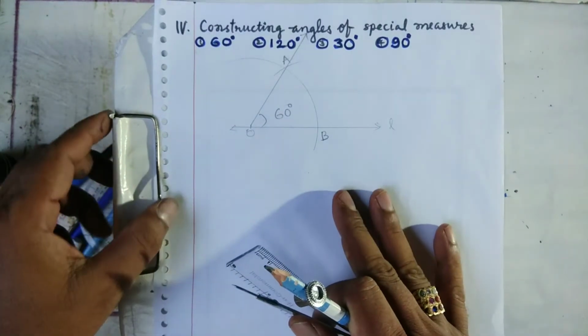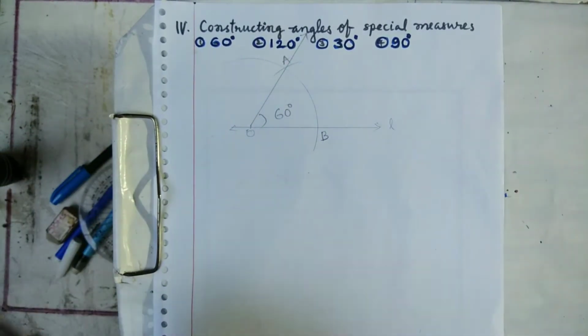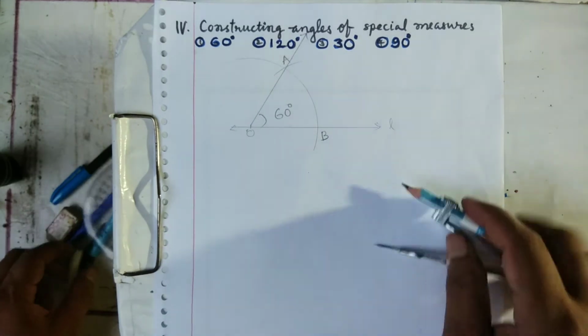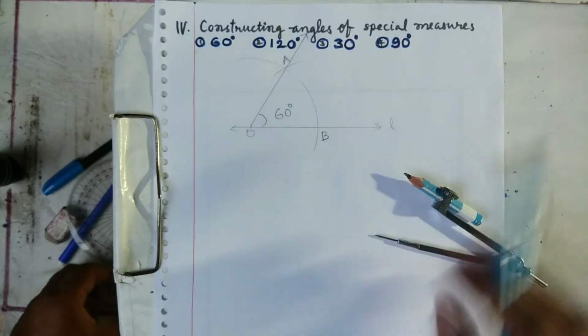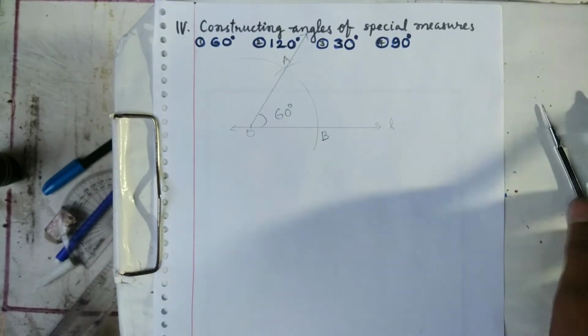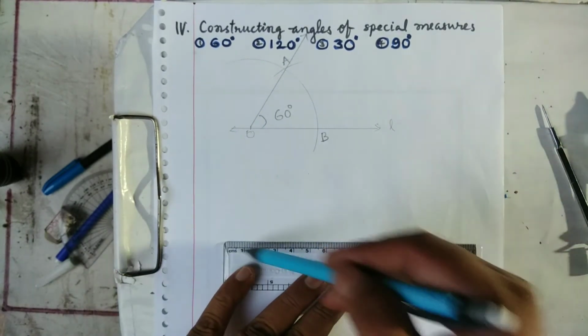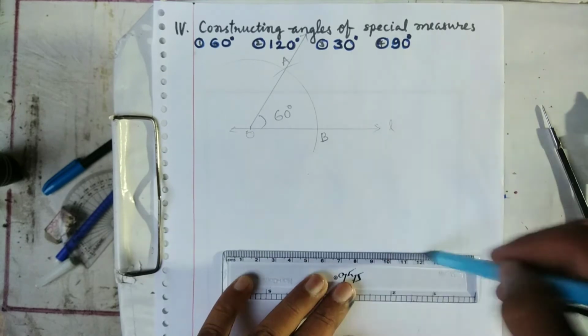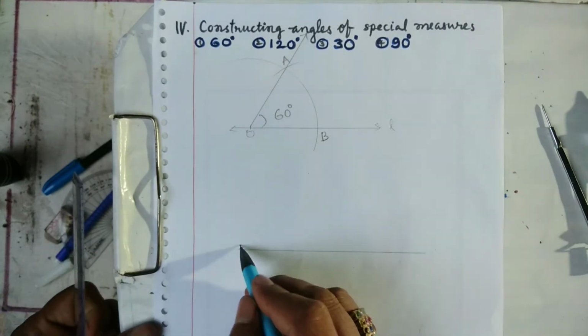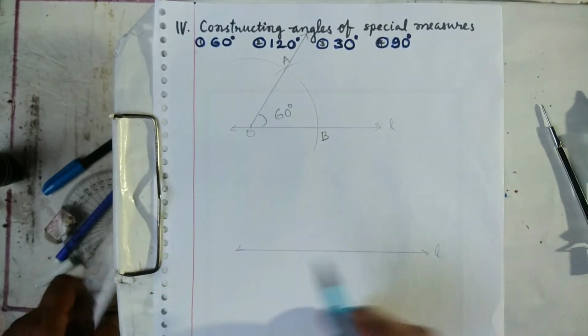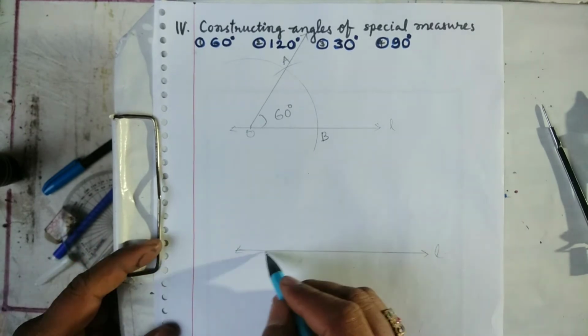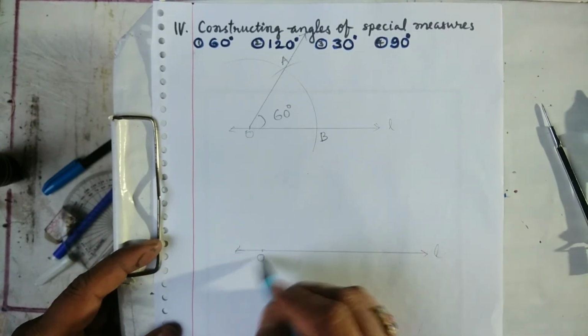Next, 120 degree. To draw 120 degree, first draw a line L, keep a point O on it.